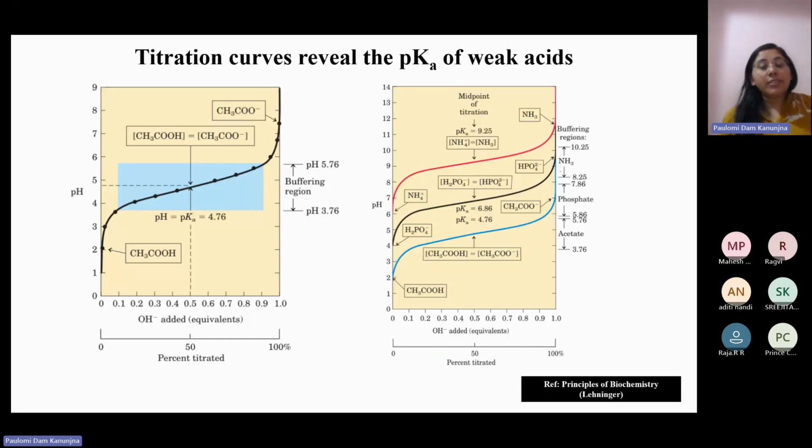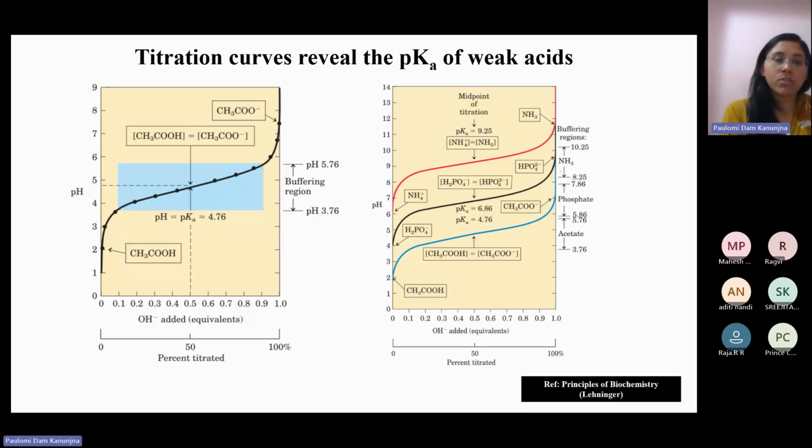Now this you would have seen in the notes. This is basically a titration curve, and that gives you the value of pKa of a certain acid or whichever molecule you're looking into, right? It's basically you are trying to determine the amount of acid in a given solution. And how are you doing this?